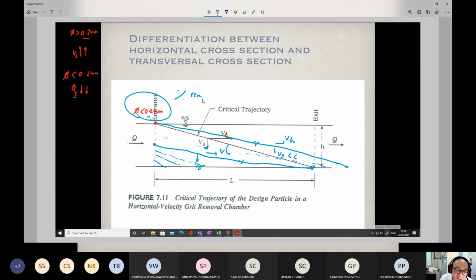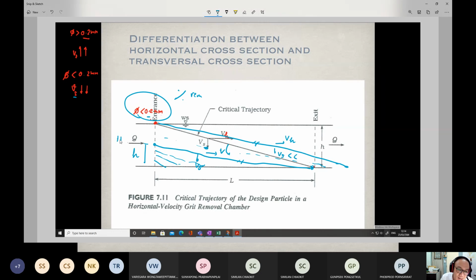This removal percentage basically depends on the position where they enter the settling zone. If they enter at any point within the depth edge, they can be removed.